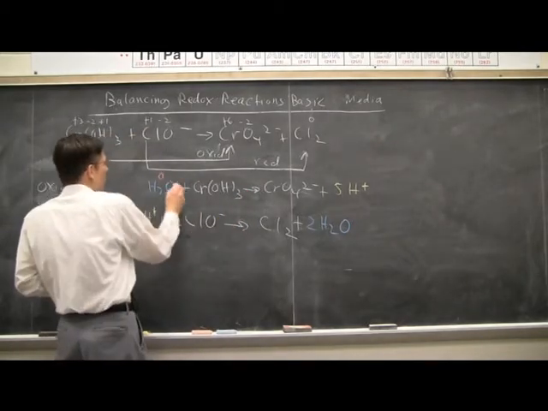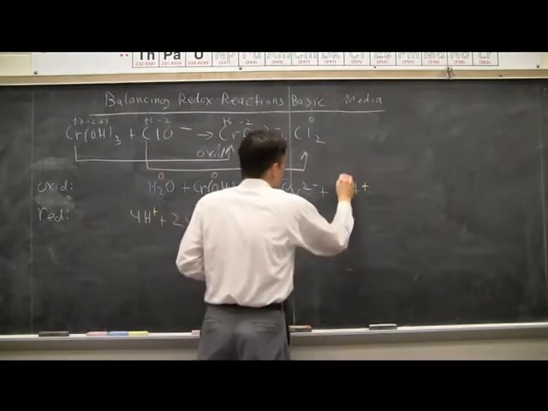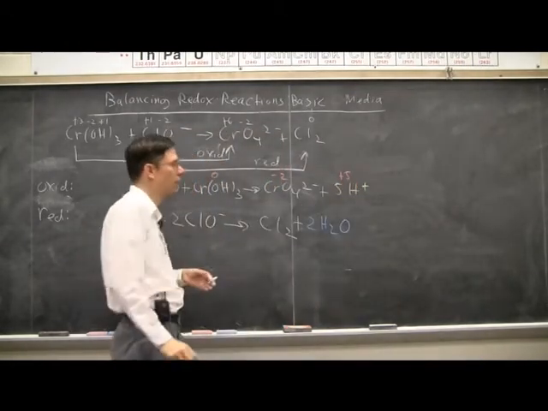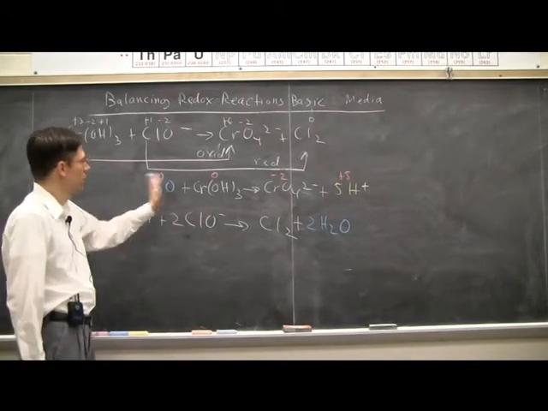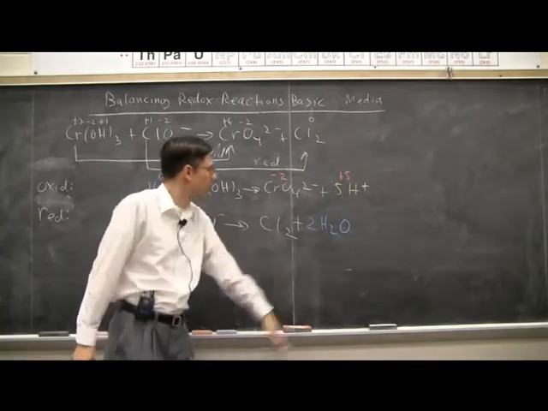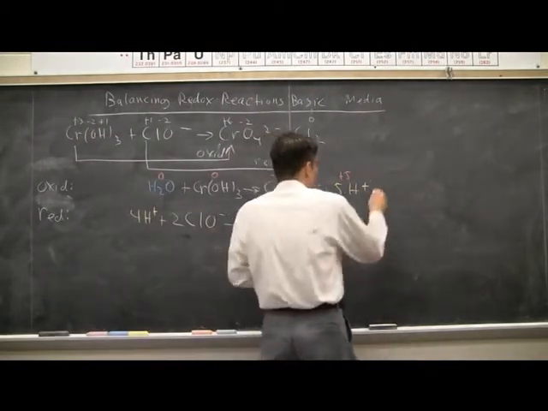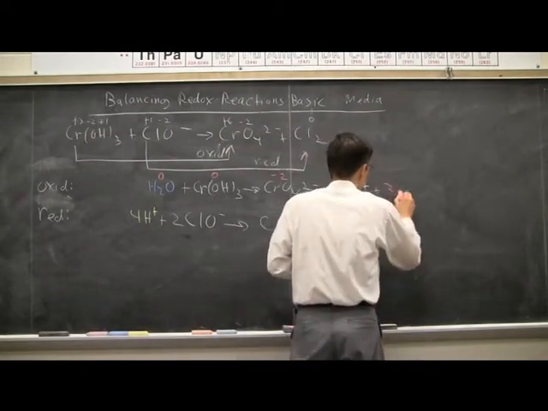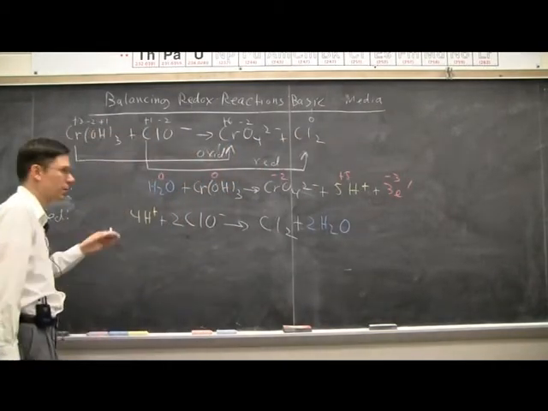We have 0, 0, -2, +5. So we see that we have 0 on this side, we have +3 over here, so we have to drop this side down so it equals out, so we have 3 electrons, and now both sides are equal. What about this side?